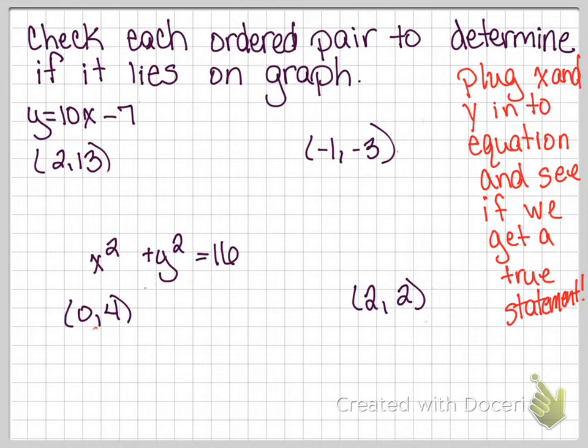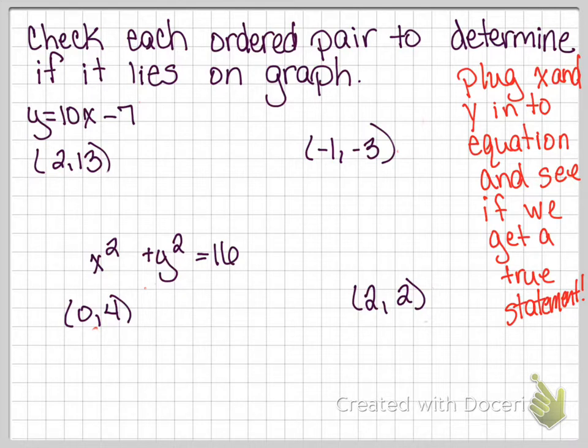If we get a true statement, that means that point is on the graph. That's what a true statement means. If we get a false statement, that doesn't mean you've done anything wrong. It just means that that point is not on that graph.